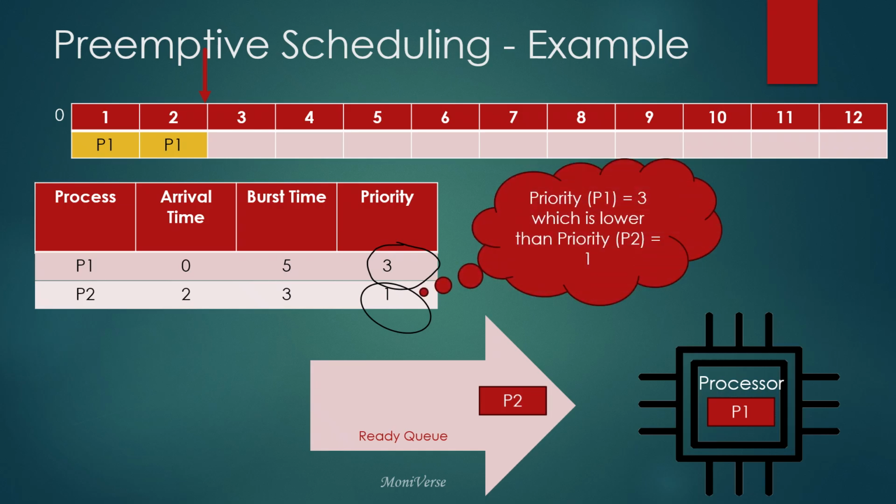Among 1 and 3, this P2 has the higher priority. So now it is time to take process P1 away from the processor to the ready queue. It will be put back in the ready queue, right? And P2 with higher priority enters the processor for running. The burst time of P2 is 3 units of time.